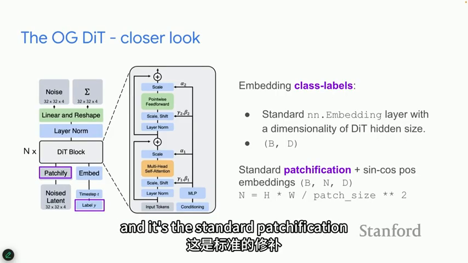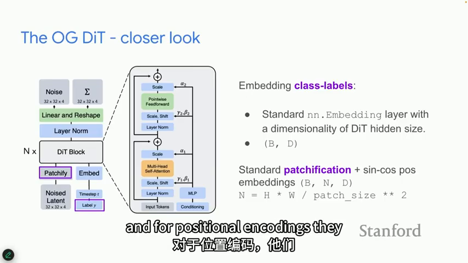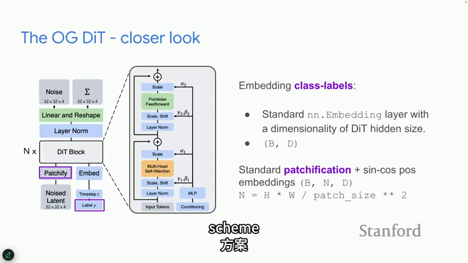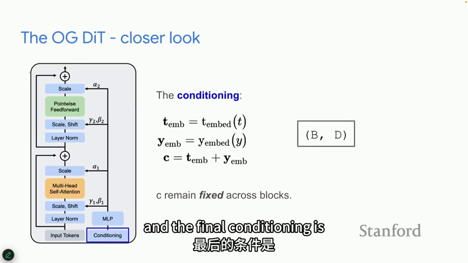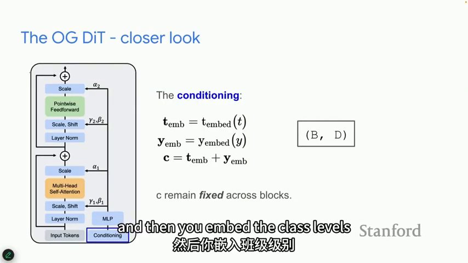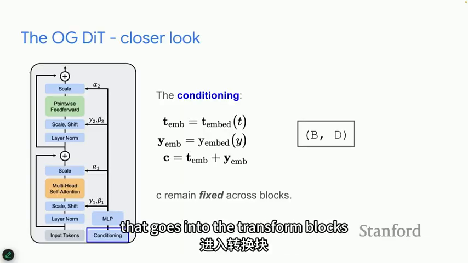And it's the standard patchification. You do it with a convolutional stem. And for positional encodings, they use the standard sine-cosine scheme. And the final conditioning is you first embed the time steps, and then you embed the class labels, and you basically sum them up. And then you have your final condition that goes into the transformer blocks.